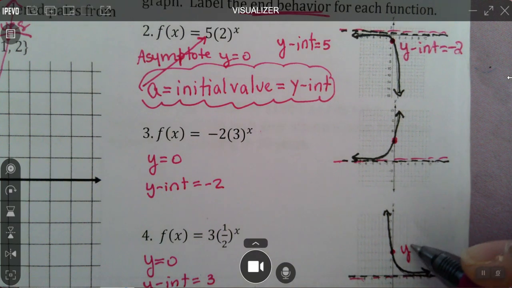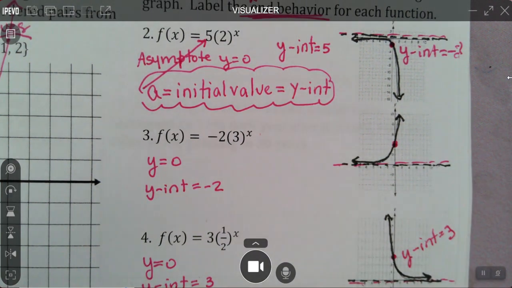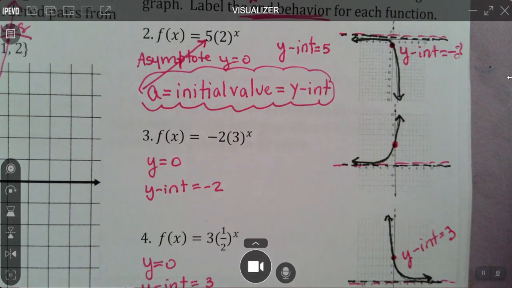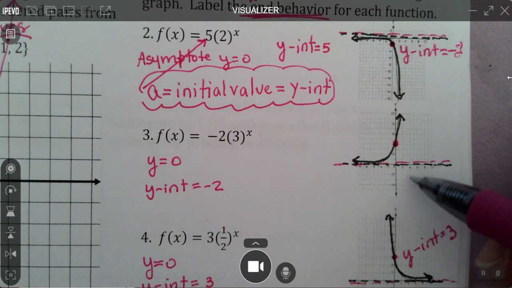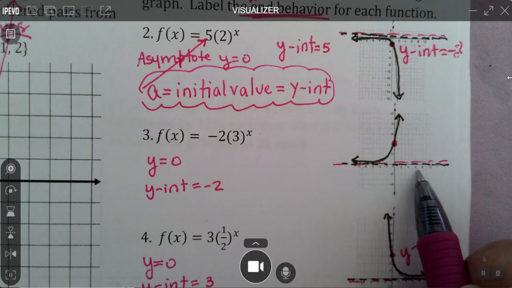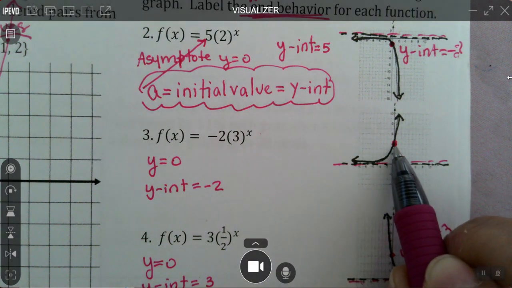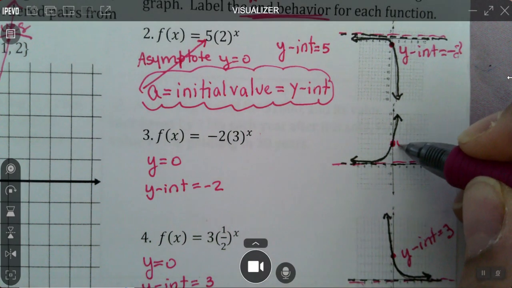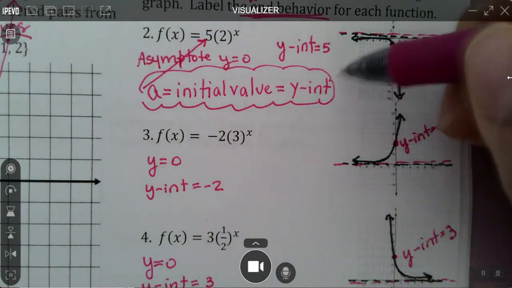So I think this one is y-intercept 3. If it was much more clear, it'd be a lot easier, but basically you're looking for the one that crosses at 3, okay? And then this one is going by 2s, I think. Yeah, it is. See, 2, 4, 6, 8, -2, -4. So it'd be 2, 4, so then that's 5, y-intercept of 5. And now you can match them.